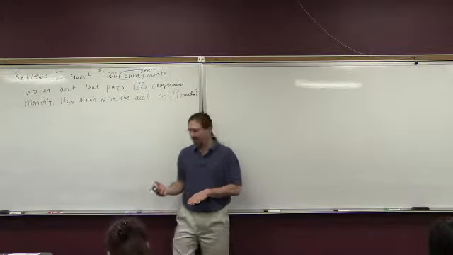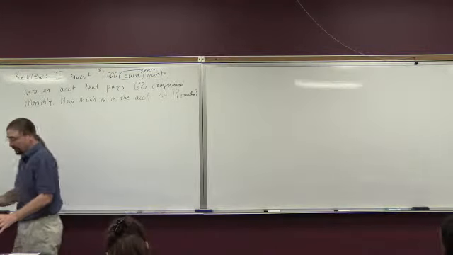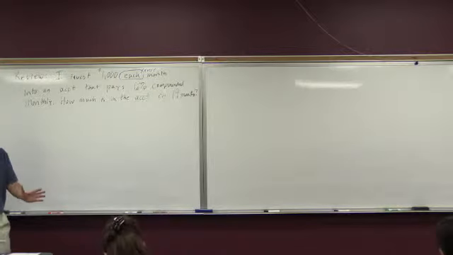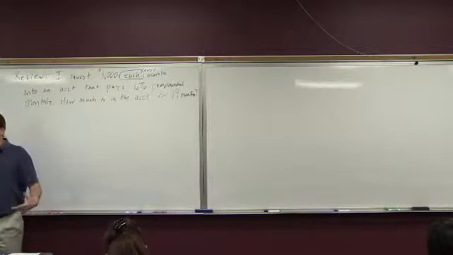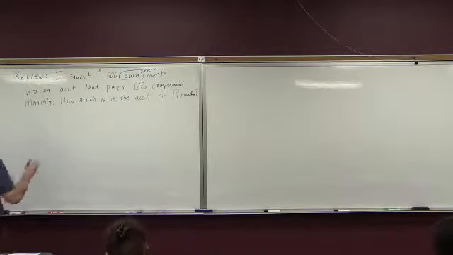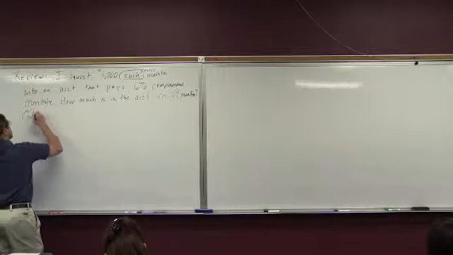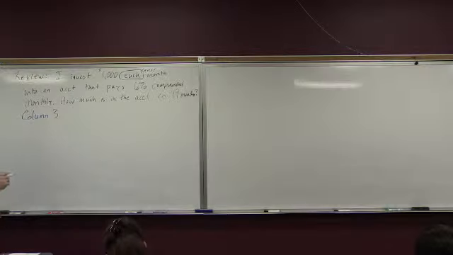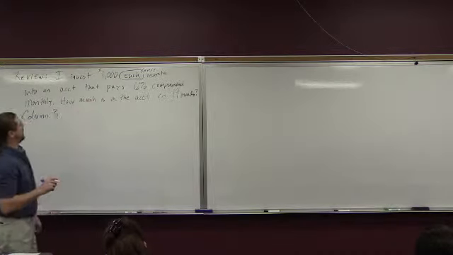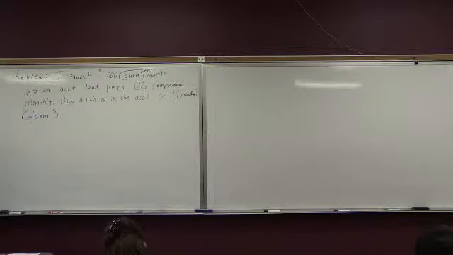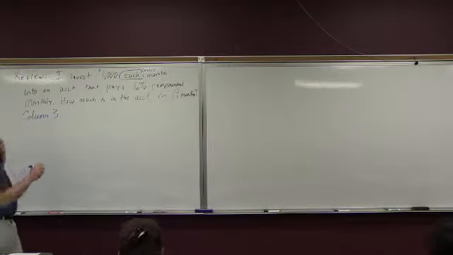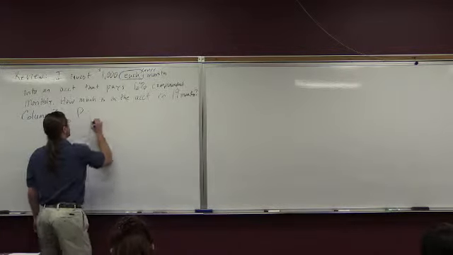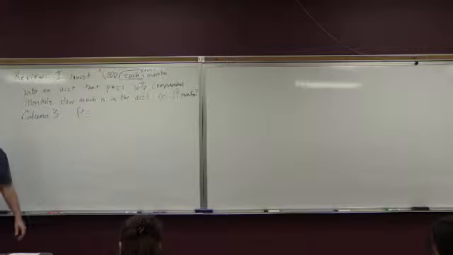Remember that you can write notes on your tables so that you know which tables are which. Write accordingly. So this is column 3, because we're investing each month into an account that pays 6% compounded monthly. What is P when you're dealing with column 3?